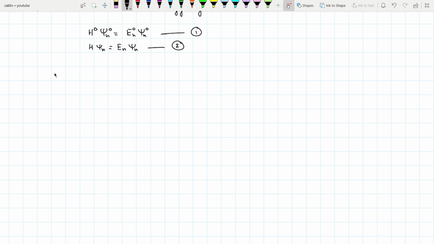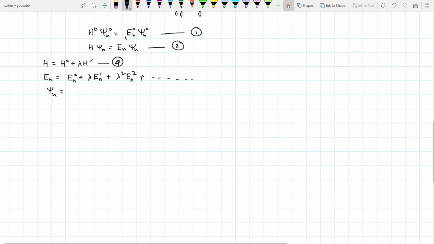And we also know H equals H0 plus lambda H dash, this is equation 4, and E n is represented as the unperturbed eigenvalue plus lambda times the first order correction to the energy eigenvalue, plus the second order correction to the energy eigenvalue, and so on. That will be psi n.